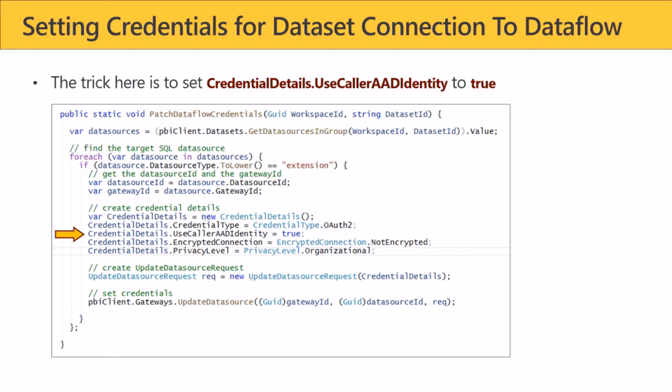I was lucky enough to have a PM send me this code and say, here's how to do it. But what you're able to do is use this special trick where you say, use the identity of the caller. And once again, that has to be a user, not a service principal.